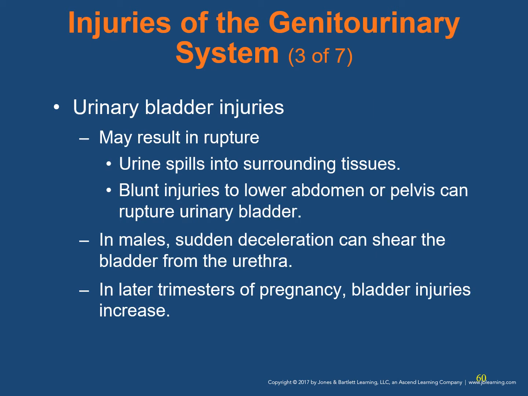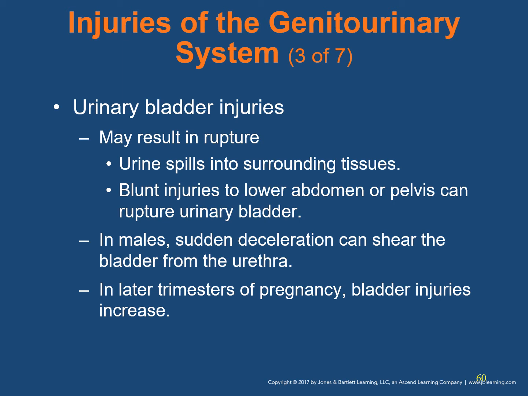Urinary bladder injuries may result in rupture, and urine spills into the surrounding tissues. Blunt injuries to the lower abdomen or pelvis can cause rupture to the urinary bladder, particularly when the bladder is full and distended. Penetrating wounds of the lower mid-abdomen, or the peritoneum can directly involve the urinary bladder.